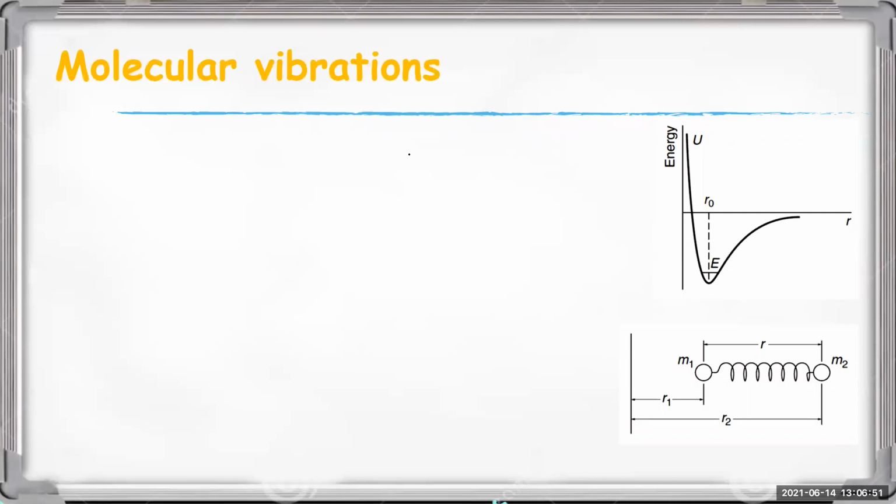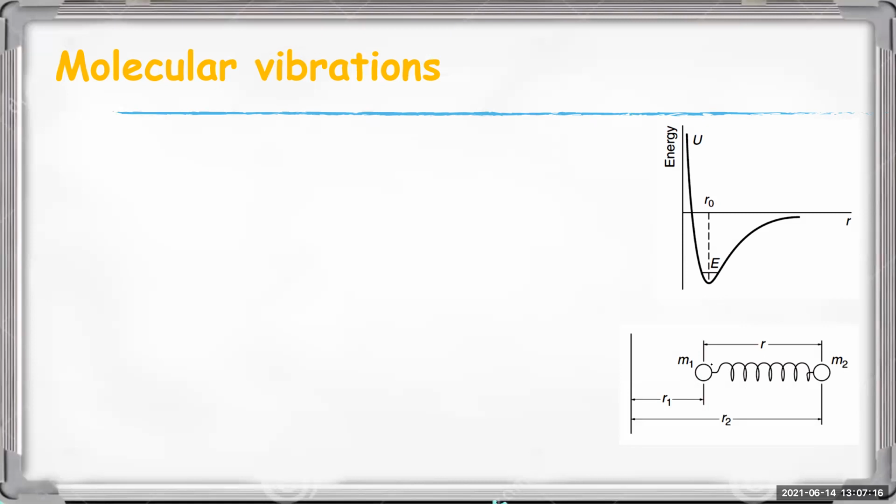Here there are 2 masses corresponding to 2 atoms, and we approximate it as a harmonic oscillator.